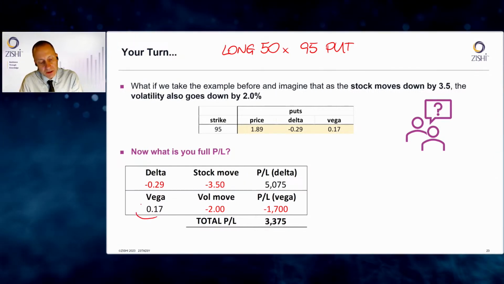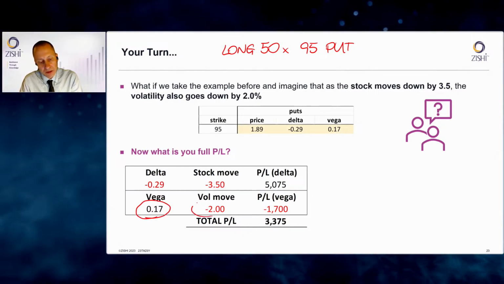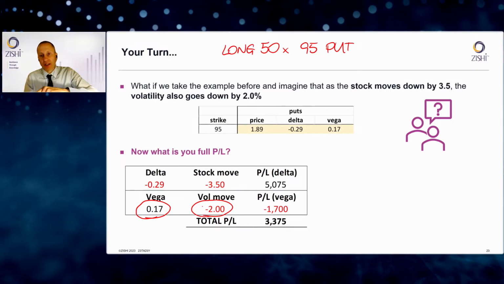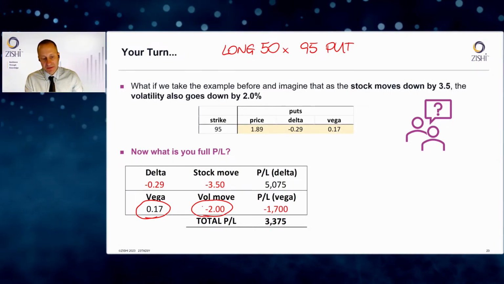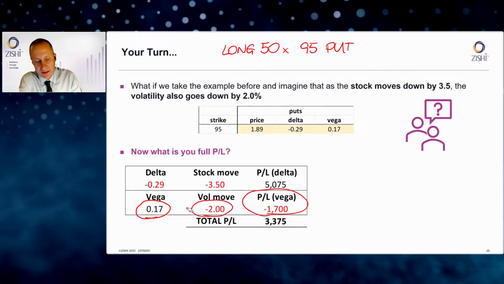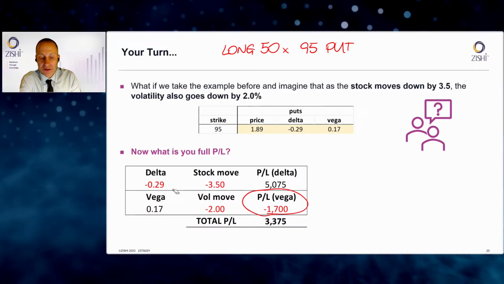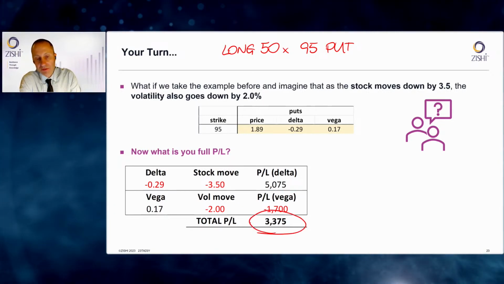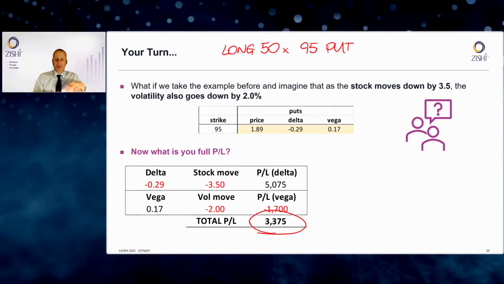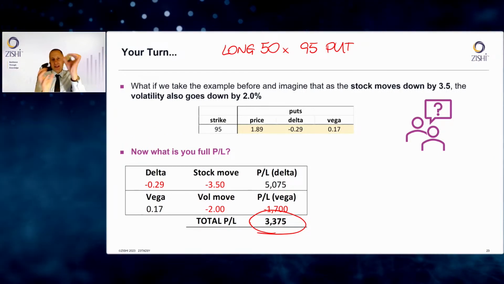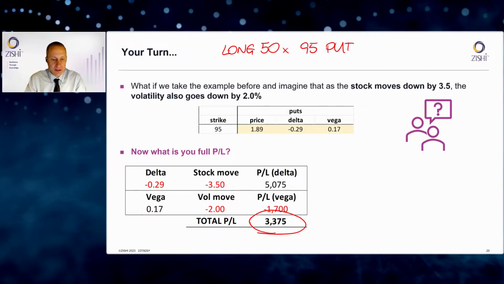But if I now look at my positive vega multiplied by a negative movement in the vol, multiplied by 100, multiplied by my 50 contracts, you can see that my P&L due to vega is a loss of 1,700 real. And so my combined profit is now a reduced 3,375 real, because I'm getting offsetting signs on my two price drivers.